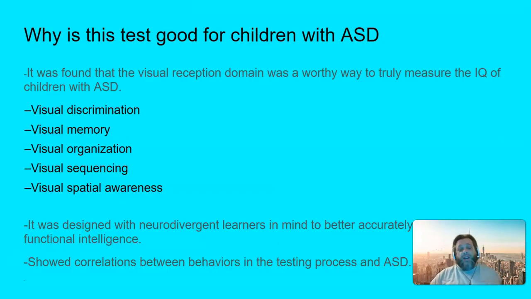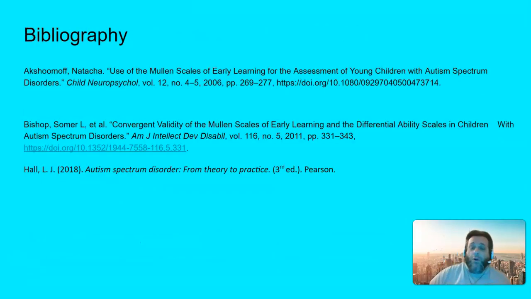The visual domain gave them a hands-on problem solving task where you could better judge children with communication problems such as autism, to see where they really are, instead of just asking them questions which they either won't understand or will end up being frustrated by and not participate. So even though it wasn't intended for it, it ended up being a very good measure for autism and other things too that they discovered.